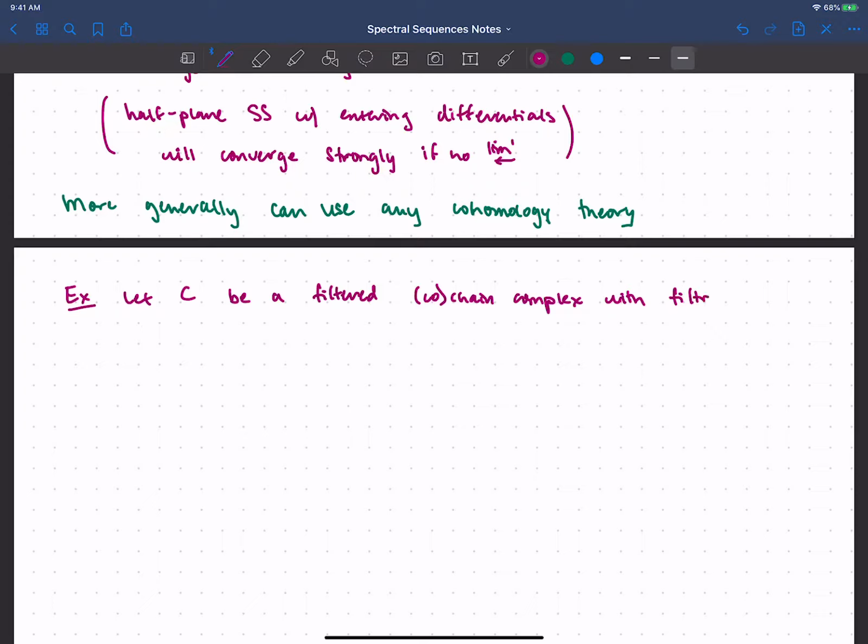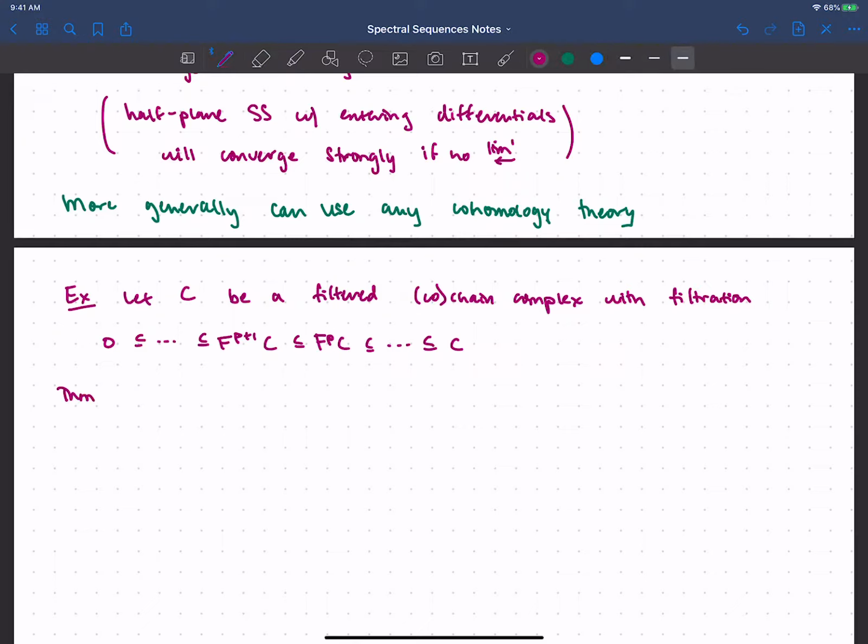So let's say we have some filtered complex. Not necessarily a finite filtration. Of course, if we have a finite filtration, then everything's well and good. We get an exact couple, everything's bounded, it's all going to work out just fine. But if it's not necessarily finite, well, what do we have?